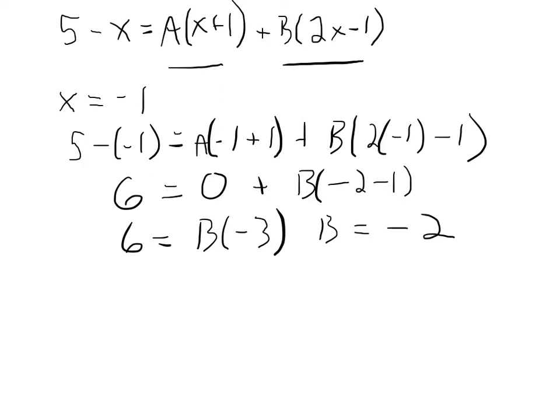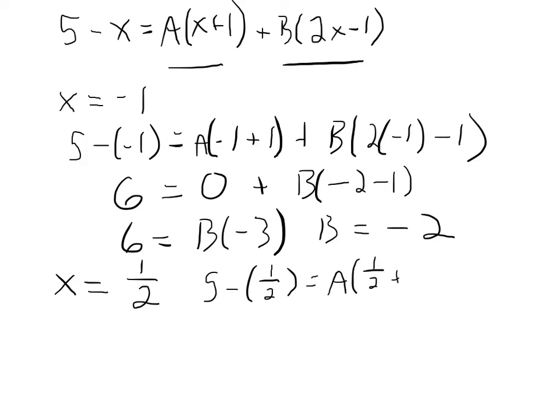So now we do the same thing for the B part of the equation, and let's set x equal to 1/2. So we're going to get 5 minus 1/2 equals A(1/2 plus 1), and the other part of the equation with B is going to be equal to 0, so I'm not going to bother doing that part.